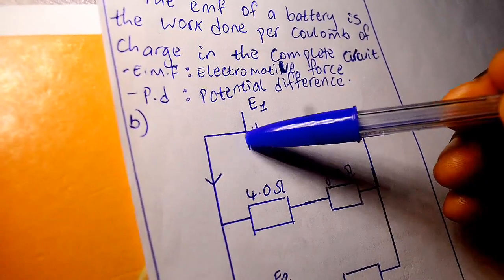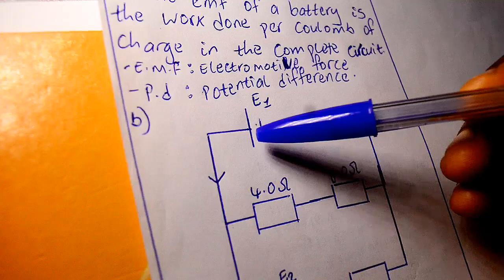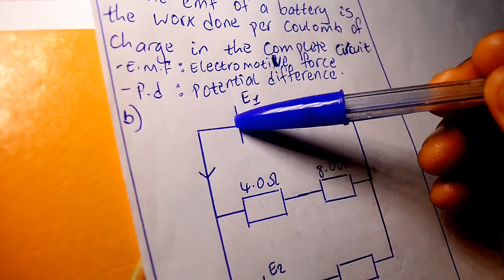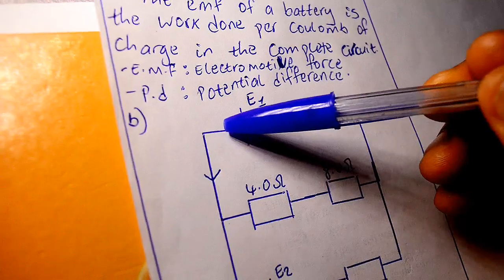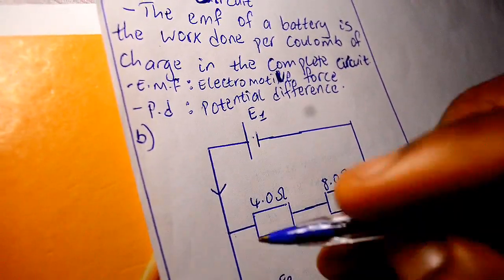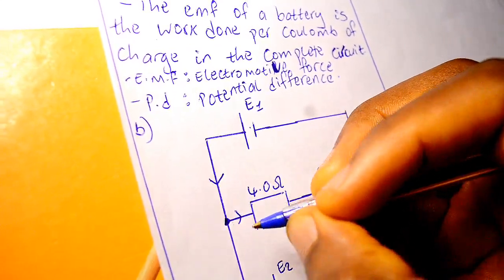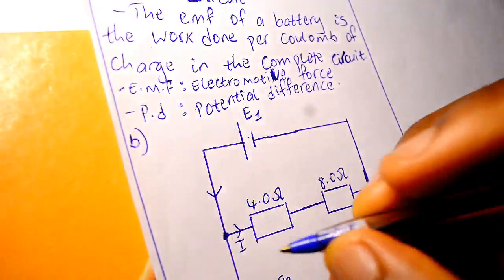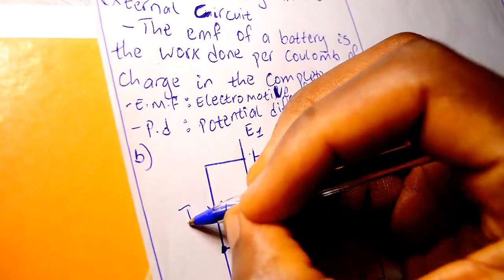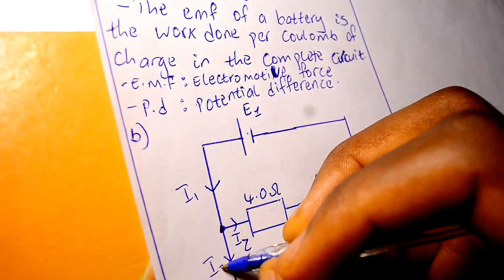Remember, current always moves in the direction of this longer line. Since it's on the left, it means current will also move towards the left. When it gets to this junction, it splits into I2. So this is I1, this will be I3.